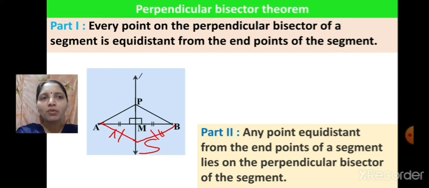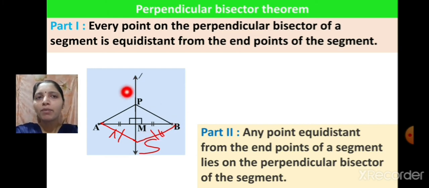Now the second part, what is given here? Any point equidistant from the endpoints of a segment lies on the perpendicular bisector of the segment. This is the converse of the first statement. If any point is equidistant from the endpoints of this segment, it lies on the perpendicular bisector.